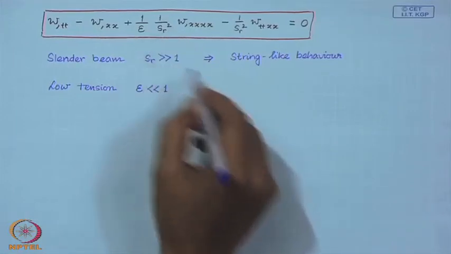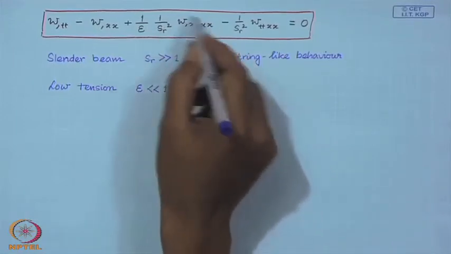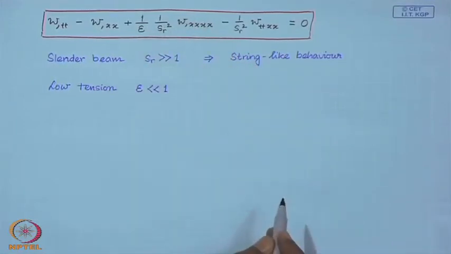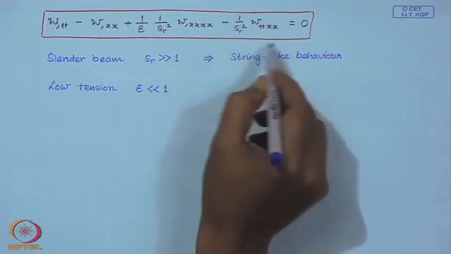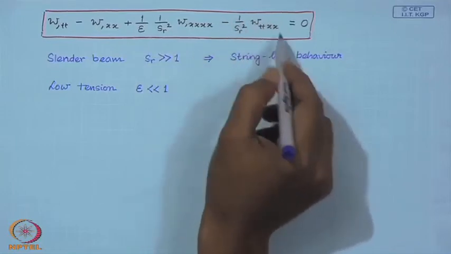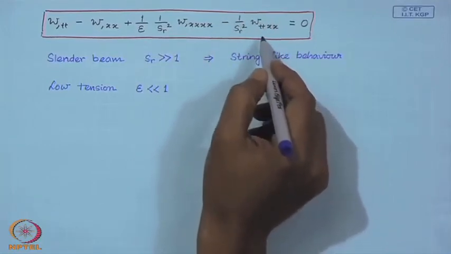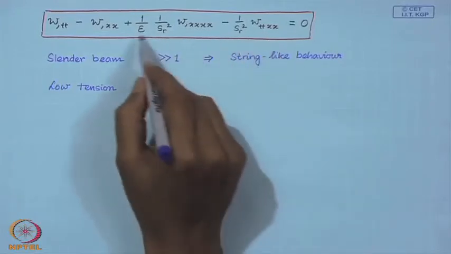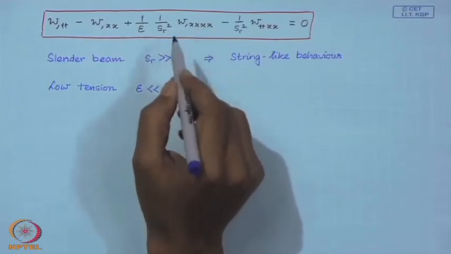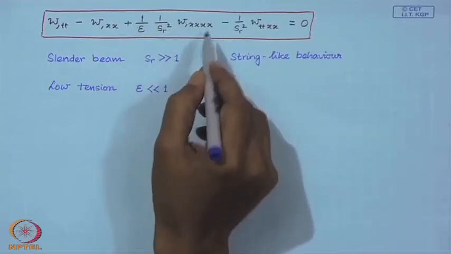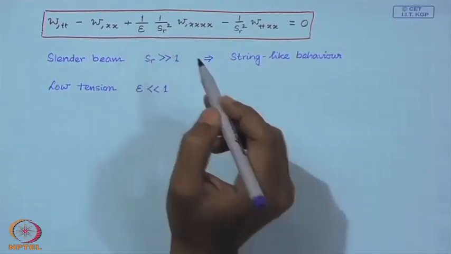In that case, you may have to include this flexural term in the equation of motion. So, this rotary inertia term therefore is negligible in the case of slender beams, whereas this term is negligible if the beam is again slender and the tension is very high.